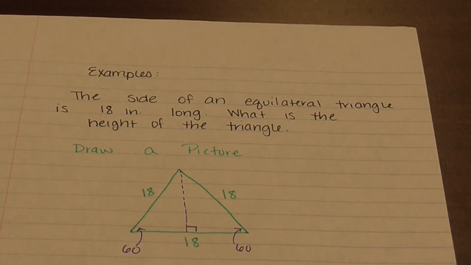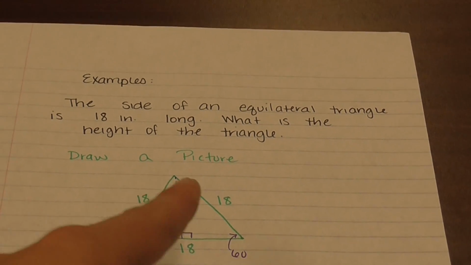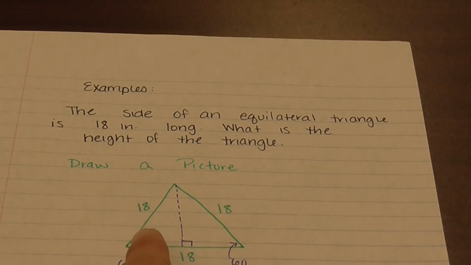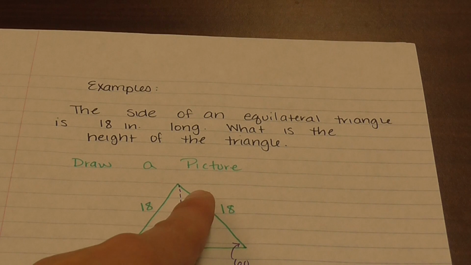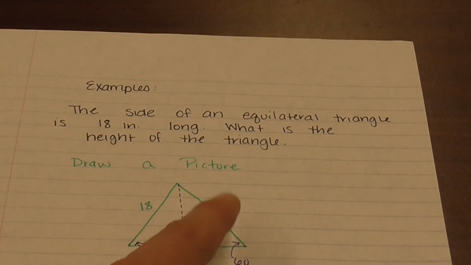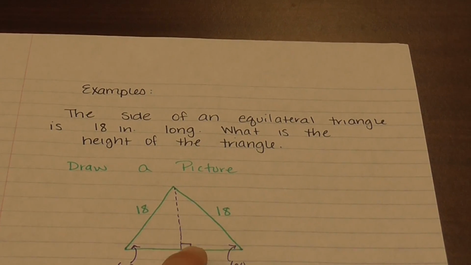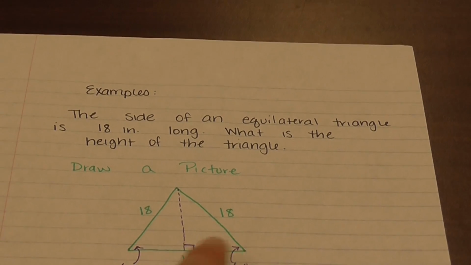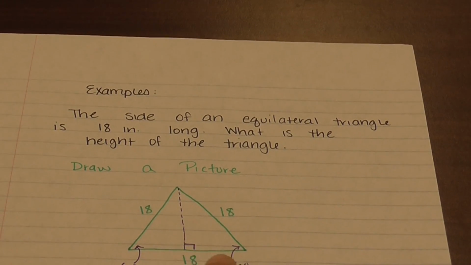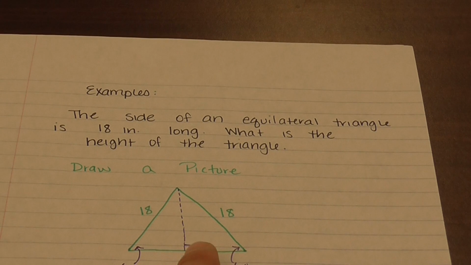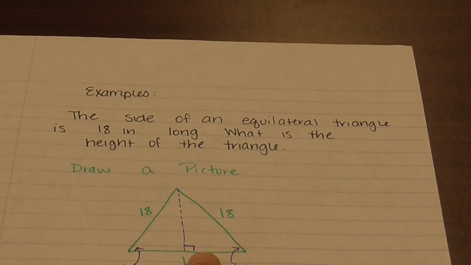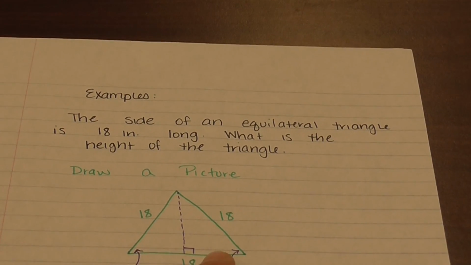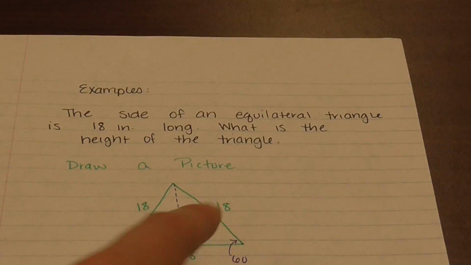By drawing that line straight down the middle representing the height, I'm cutting this angle in half, so the 60 gets cut into 2 equal pieces, so it becomes 30 and 30. So now I have a 30, 60, 90. And I'm also cutting the sides in half. So instead of being 18 inches long, this portion of it is just 9 inches long. So that's why you always have to divide by 2 to get to the short leg.